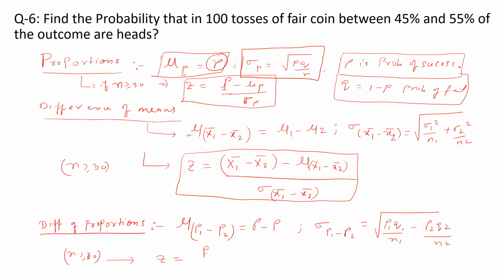So this will be capital P1 minus capital P2, and this will be minus mu of P1 minus P2, but anyway this term becomes 0 in the problem. We will see that, and whole divided by the standard deviation of P1 minus P2. These are all the set of formulas which you have to use to solve the problems.